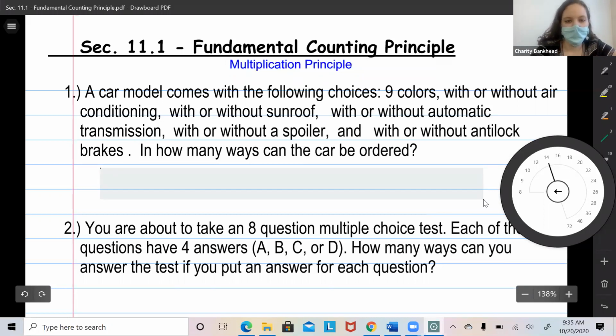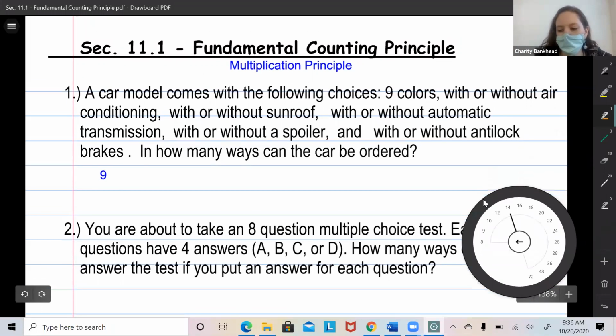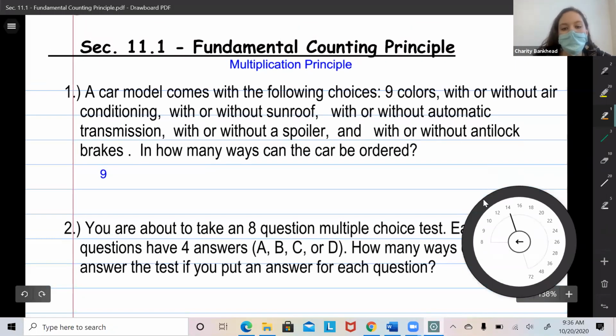So we have 9 different colors, and then every time it says with or without, that's 2 options. Either you have it or you don't. So that's with or without air conditioning, sunroof, automatic transmission, spoiler, anti-lock brakes. That's 5 things, right?